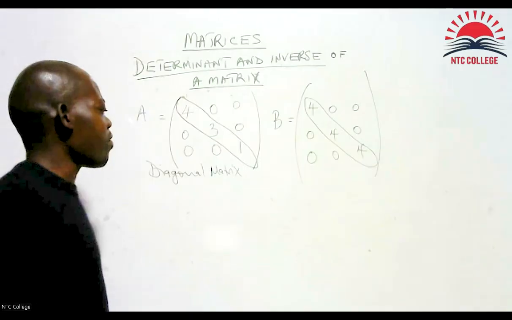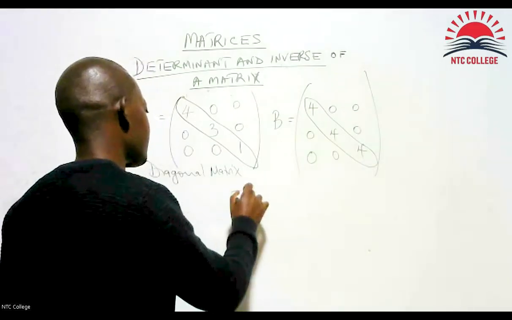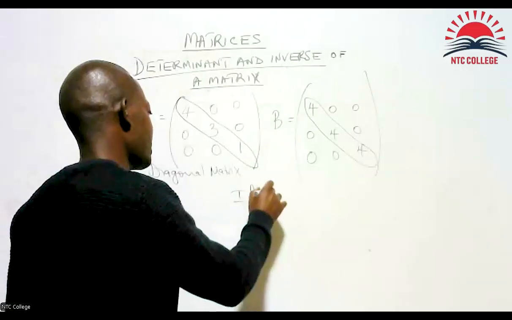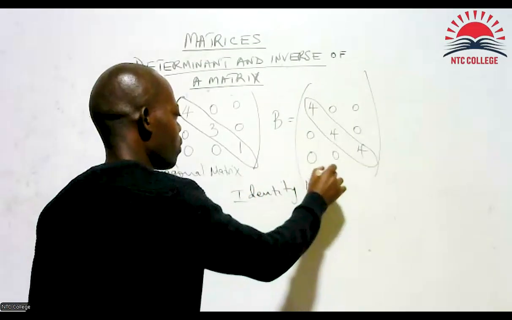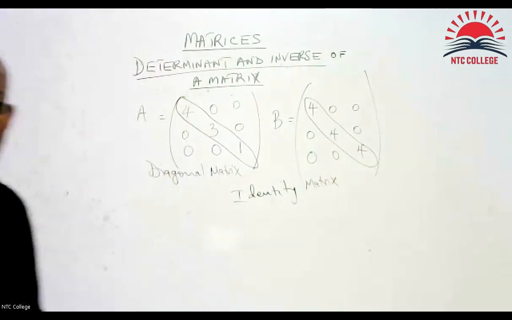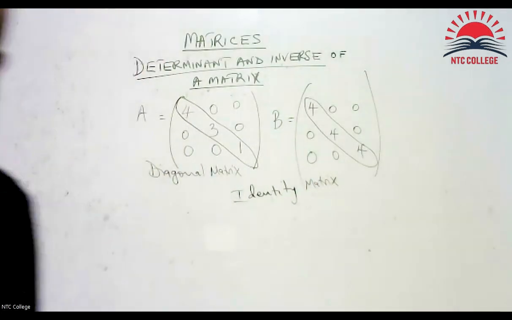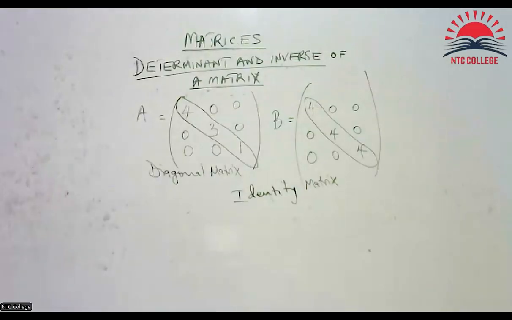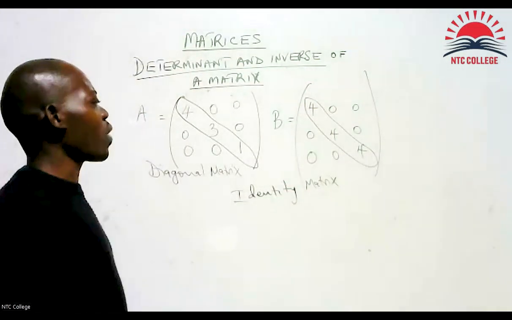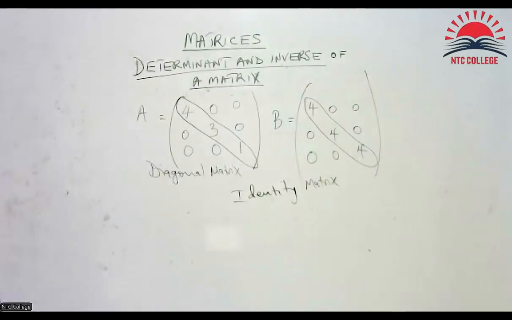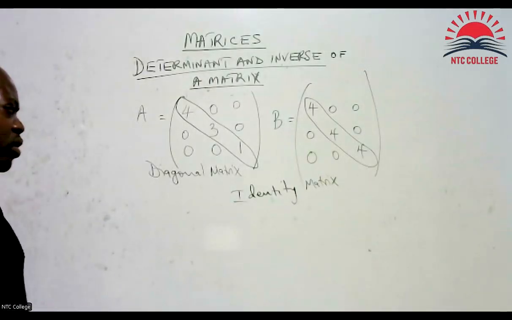Then finally define the identity matrix, which I said we are going to use in the application part of this topic. And so we were saying an identity matrix again is a square matrix with +1 in the main diagonal.